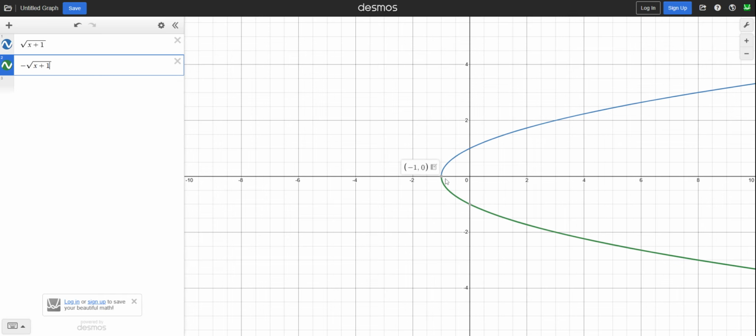Notice where the original was at -1. This is at -1 on the y-axis. This is at -1 on the x-axis.